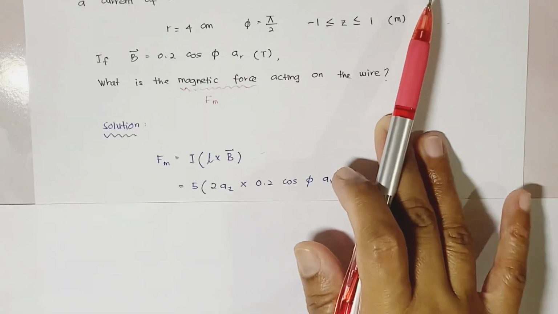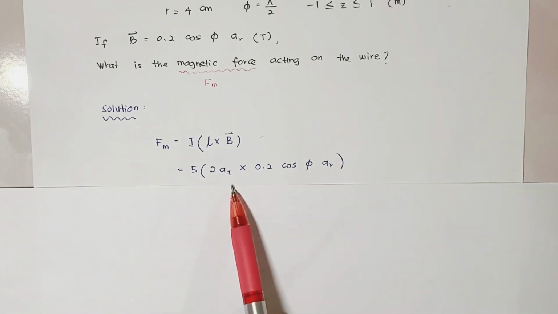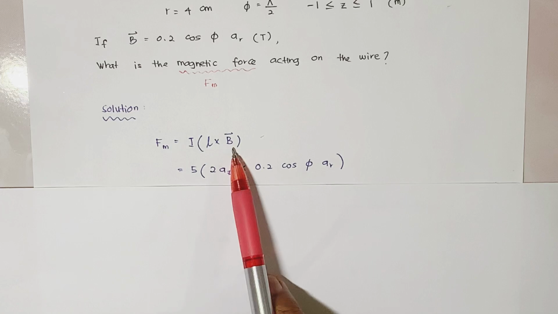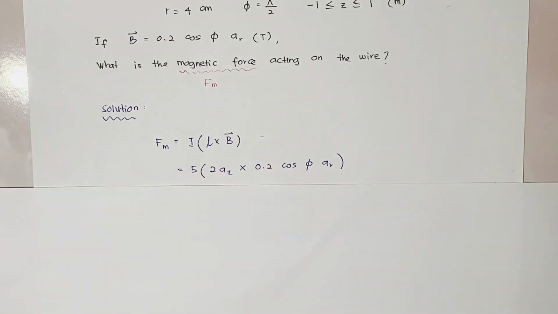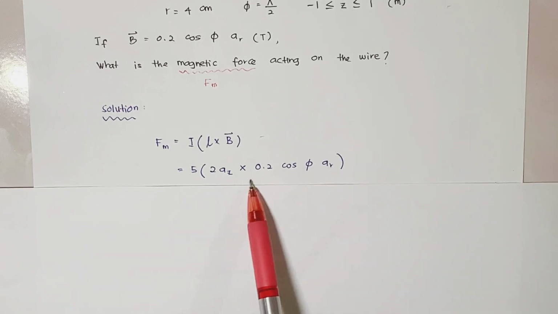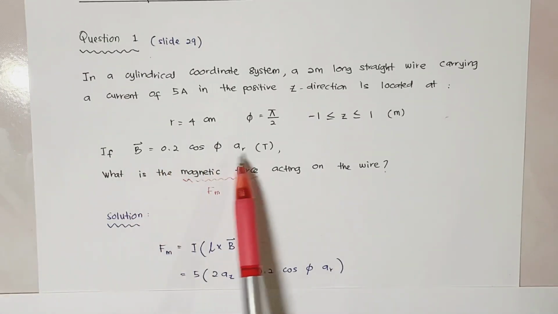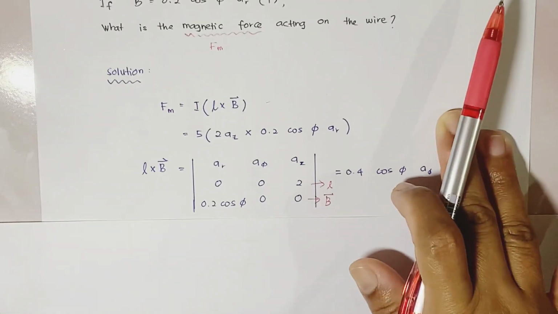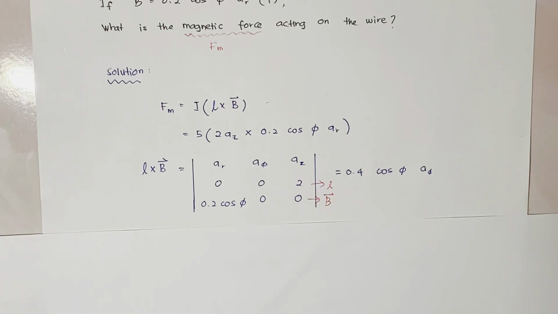So that's why L is 2 AZ. Current is 5 ampere and B is 0.2 cos phi AR. This B is already given in the question, so you just need to substitute, and then solve L cross B.